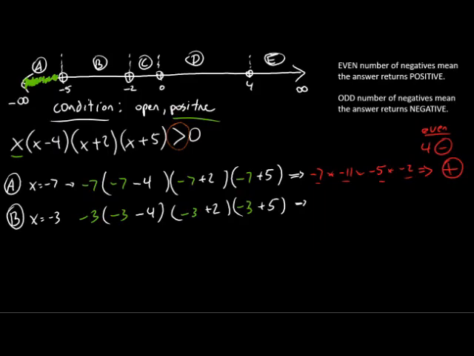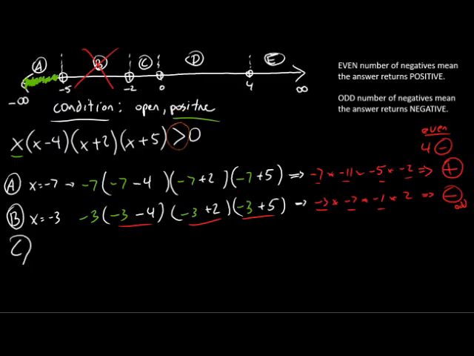If we do the math, we'll have first a negative 3 times negative 3 minus 4, which is negative 7, negative 3 plus 2, which is negative 1, and negative 3 plus 5, which is positive 2. This gives us 1, 2, 3 negatives, which means our answer will return negative because that is odd. However, the condition was that our answer must be positive. Because our answer for region B is negative, that is not a match, and region B will not be part of our solution.